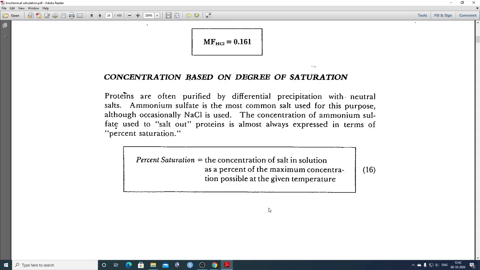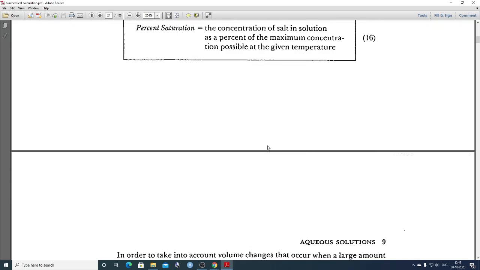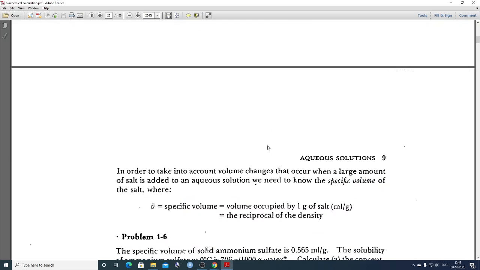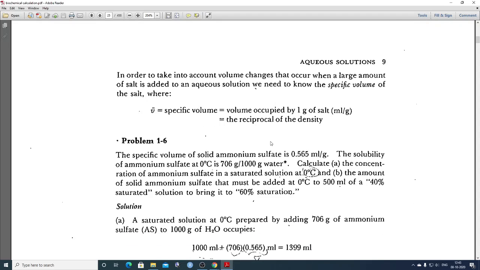So percent saturation is equal to the concentration of salt in a solution as a percent of the maximum concentration possible at the given temperature. So at a given temperature, how much salt can be present in the solution. In order to take into account volume changes that occur when a large amount of salt is added to an aqueous solution, we need to know the specific volume of the salt.